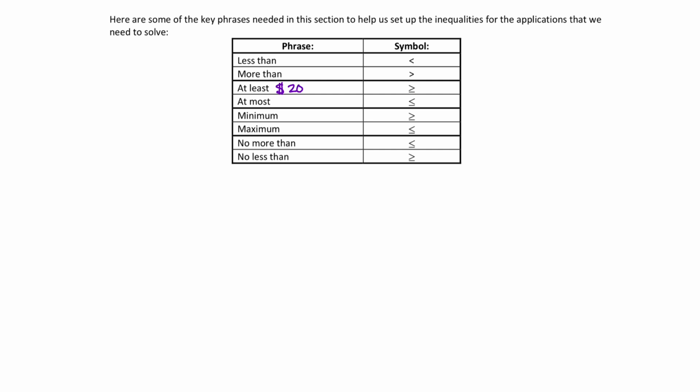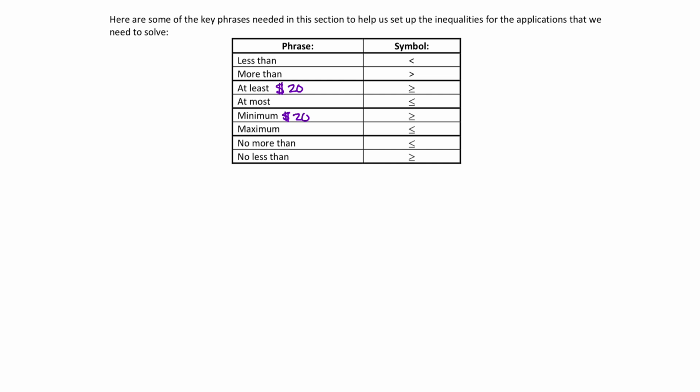If you have at most $20, then 20 is the highest you get, but it could be lower. Okay, so the same thing if you have a minimum of 20, it can equal 20. That's why it's greater than or equal to.